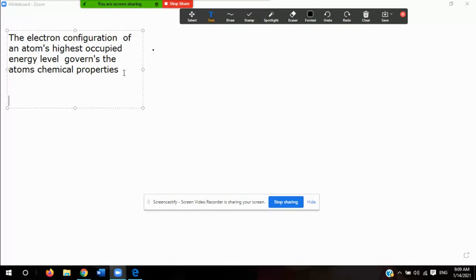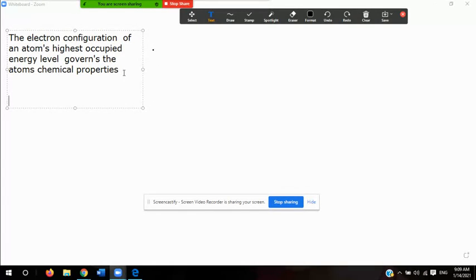In a nutshell, it's the electron in the highest occupied energy orbital that determines the element's chemical property. So very important.